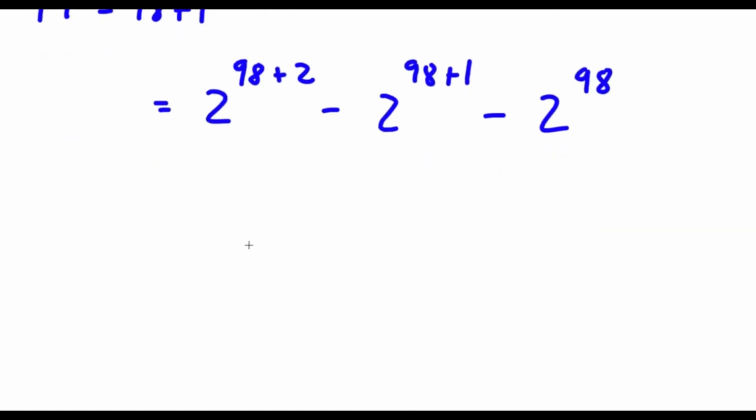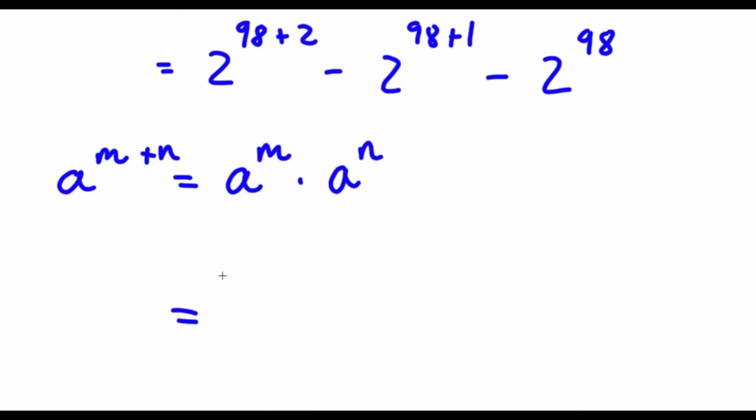So now, if I have something in the form a to the power of m plus n, this is equal to a to the power of m times a to the power of n. So in this case, 2 to the power of 98 plus 2, let's first start with that, that's going to equal 2 to the power of 98 times 2 to the power of 2.